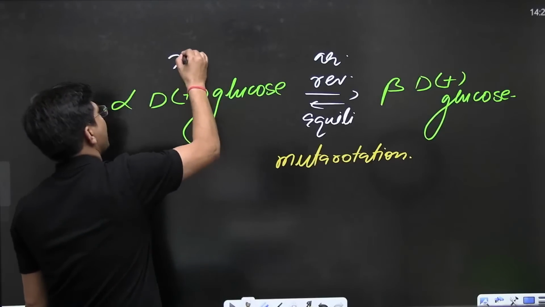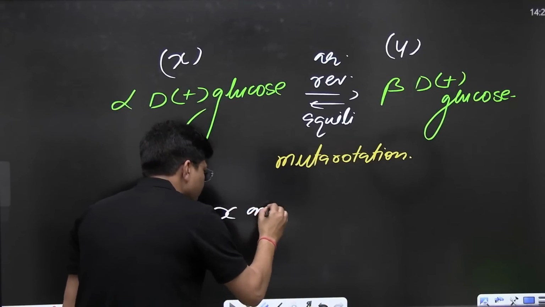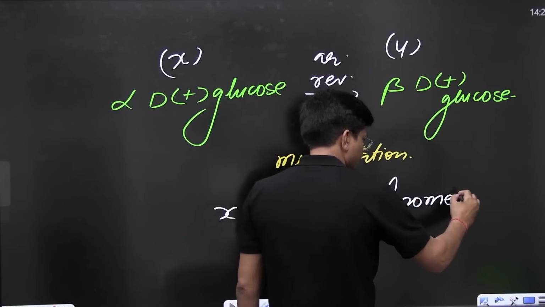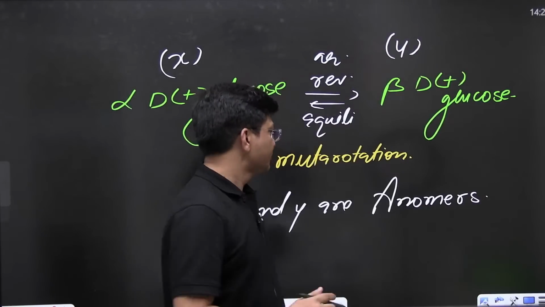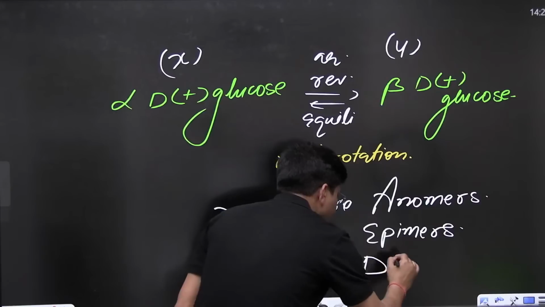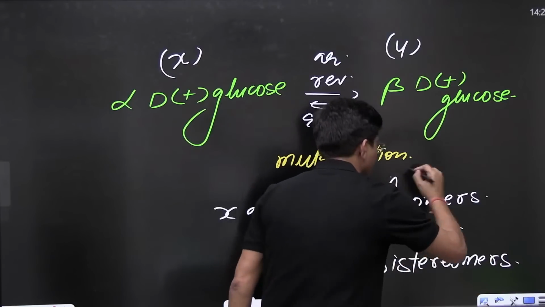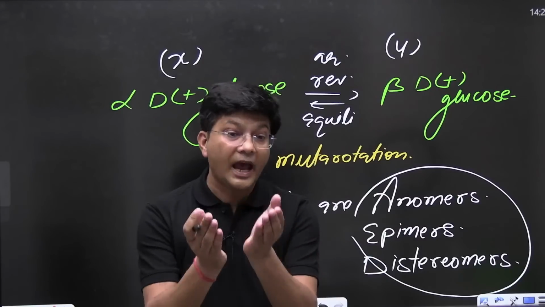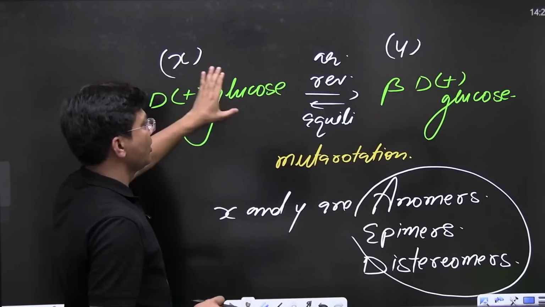If I say this is X, this is Y, then X and Y are anomers, and remember that all anomers are epimers, and all epimers are diastereomers. My dear students, alpha D glucose and beta D glucose are epimers as well as diastereomers, and this interconversion is known as mutarotation.